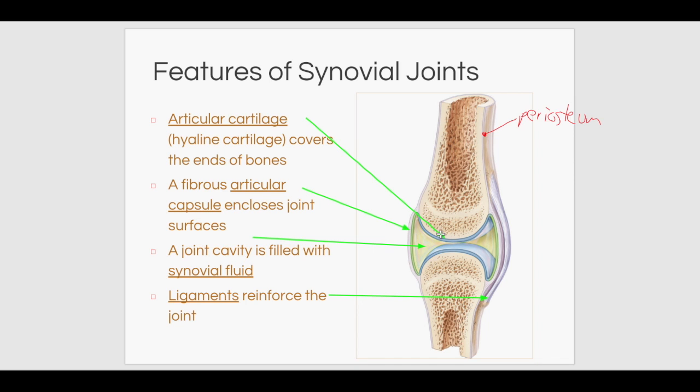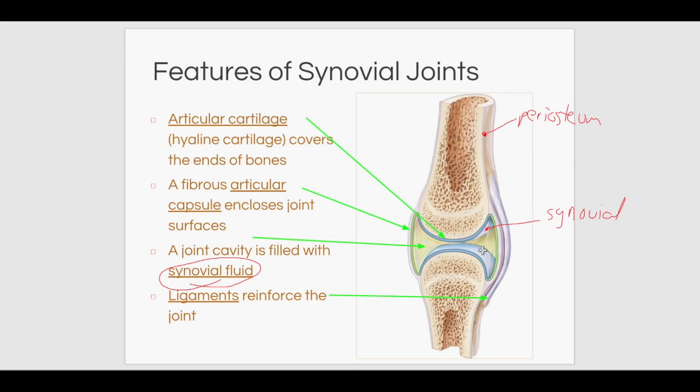So we have hyaline cartilage and then dense irregular connective tissue, which allows for a bit more flexibility, as opposed to the cartilage allowing for compression. Within that articular capsule, which will enclose this joint cavity, we have a thin membrane known as the synovial membrane. Our synovial membrane will aid in the production of synovial fluid.